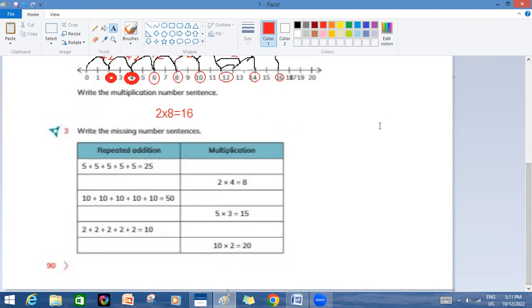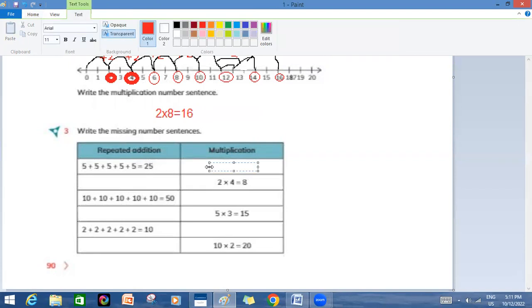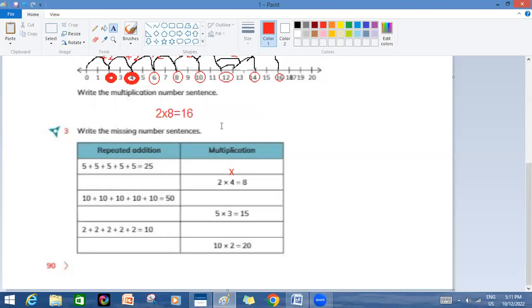Okay, now look at question number 3. What we are going to do, 5 plus 5 plus 5 plus 5 plus 5 equals 25. So multiplication, I told you people that in multiplication sign, what do we use? We use multiply. Okay. So how many times we are adding? 1, 2, 3, 4, 5. And what we are adding 5 times?